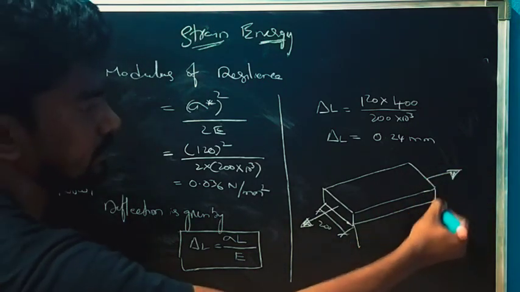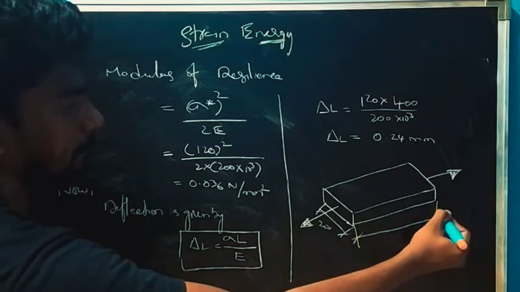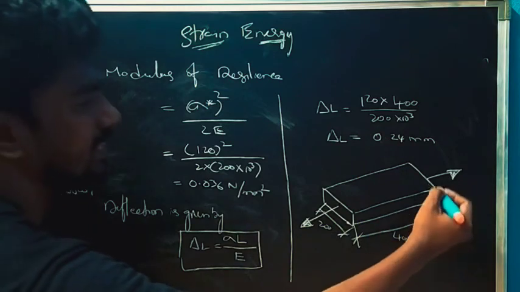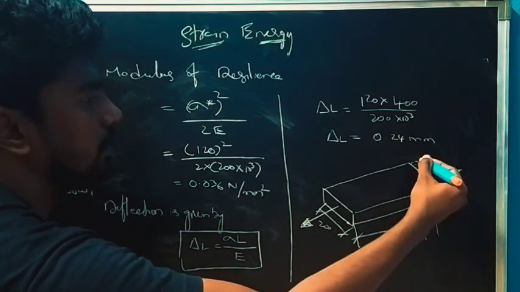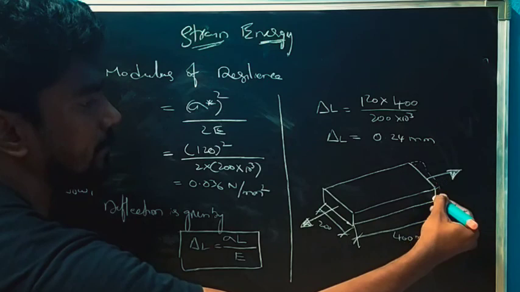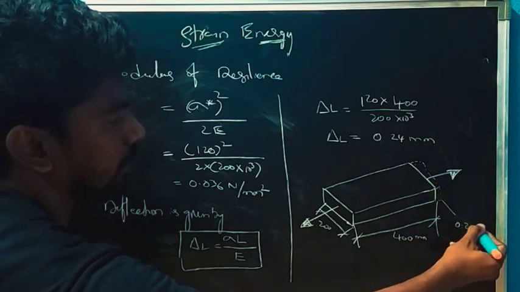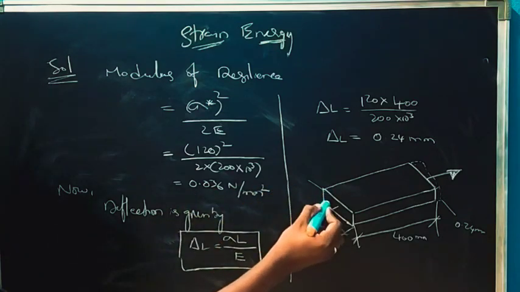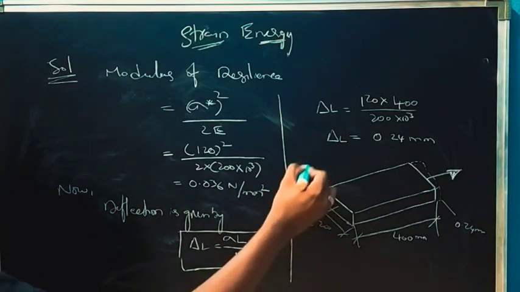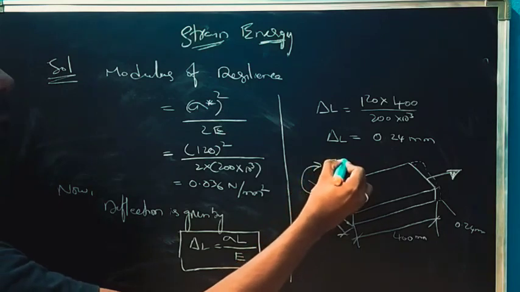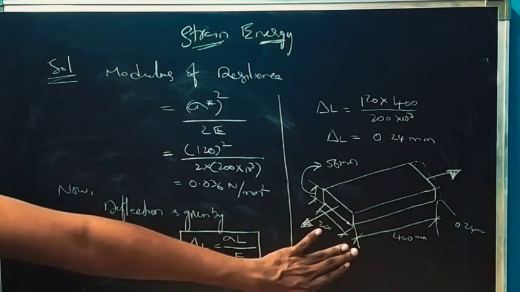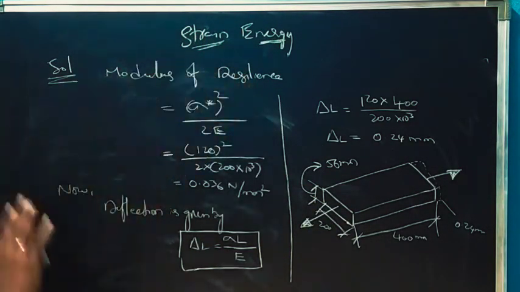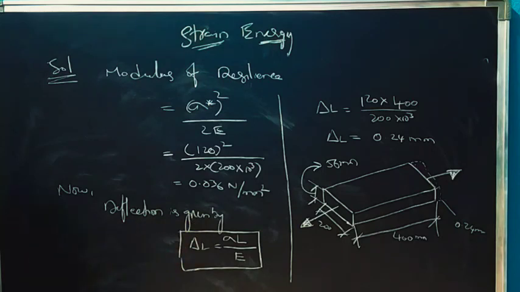And the length is 400, that is the original length. And how much is it elongated? It is elongated a little bit, that is 0.24 mm, right? So thickness is given, that is 50 mm. This is how you can find out modulus of resilience, proof resilience, as well as deflection.